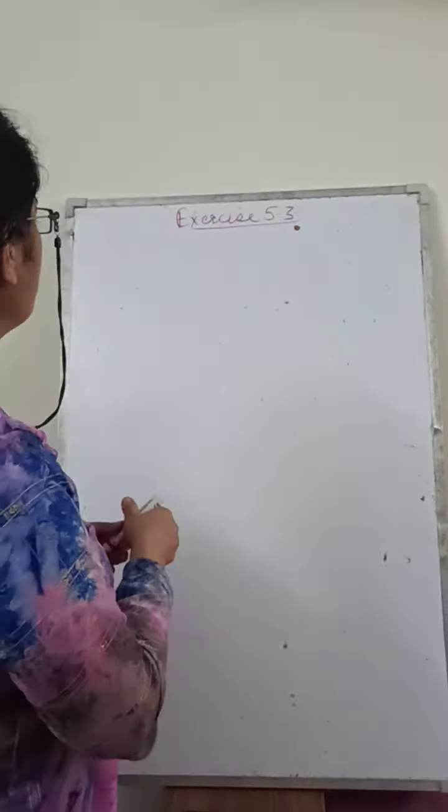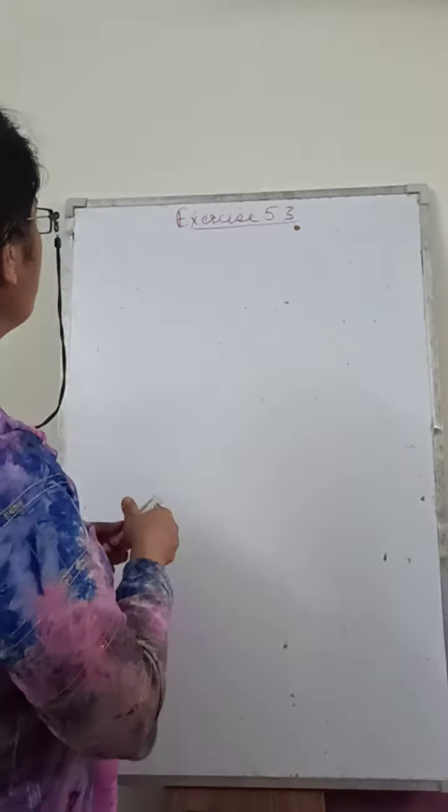Sum of n terms, we say it as Sn. It is n by 2 into 2a plus n minus 1 into d. You can say like this also, n by 2, 2a you can bifurcate it, a plus a plus n minus 1 into d.